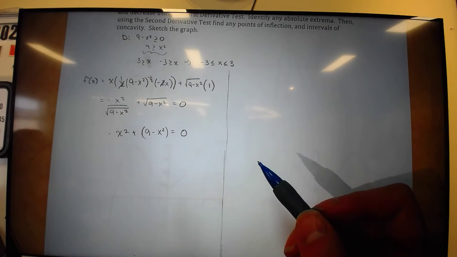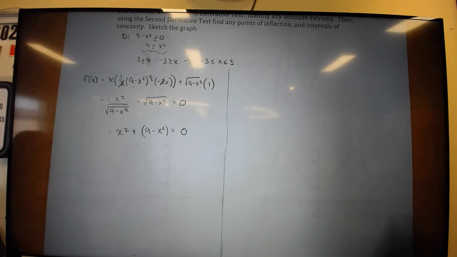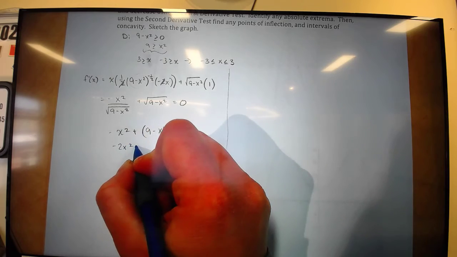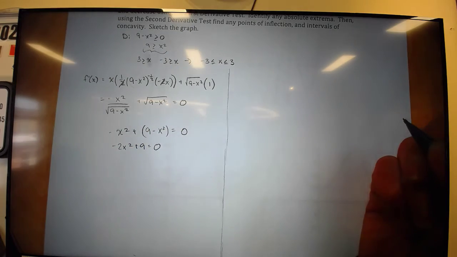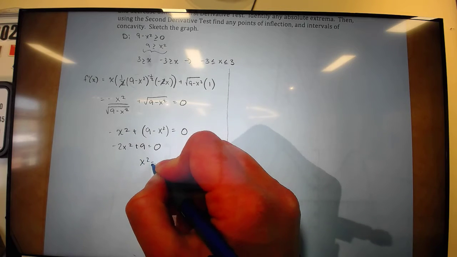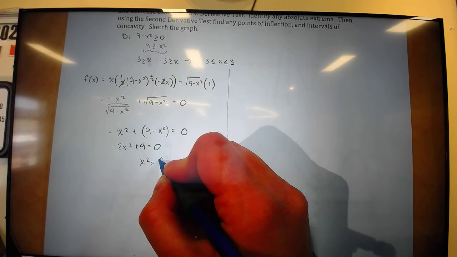Okay, so that makes it a lot easier for us to see what's happening here. Then we can collect like terms. We've got negative 2x squared plus 9 is equal to 0. If we move the 9 over and divide both sides by negative 2, we're going to end up with x squared equals 9 over 2.